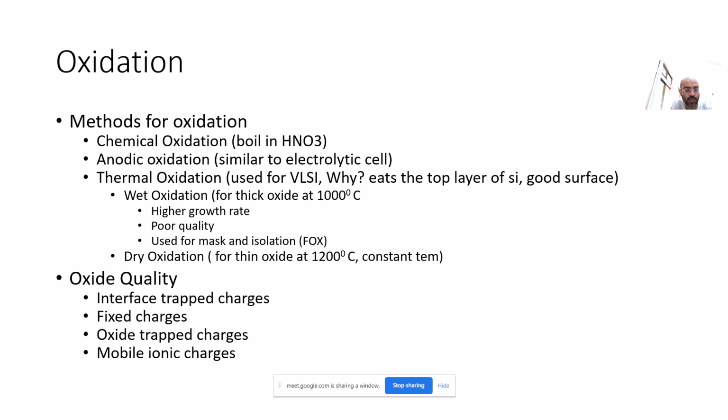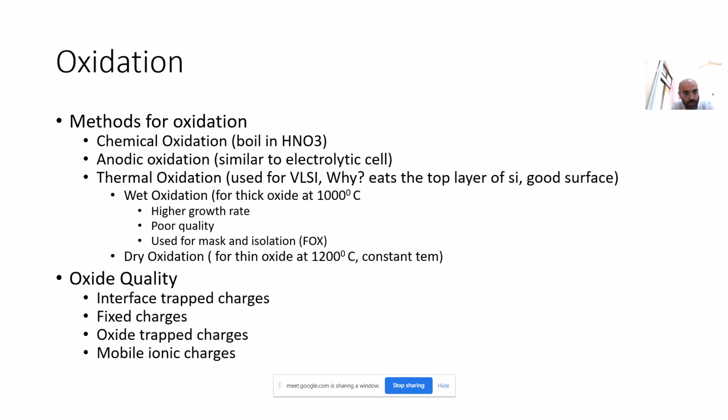This dry oxidation doesn't use water vapor, and the temperature is around 1200 degrees centigrade. You use dry gases, dry oxygen.